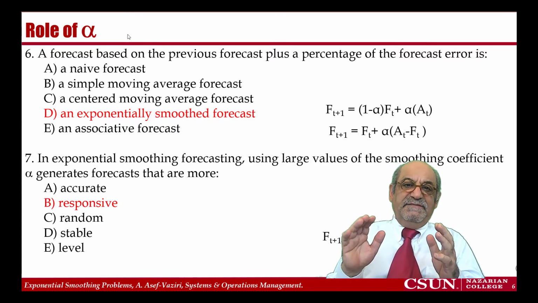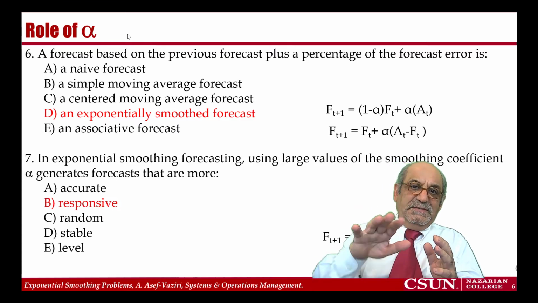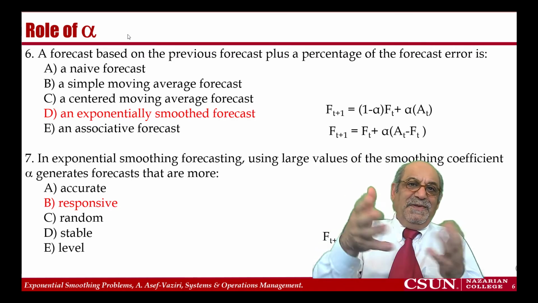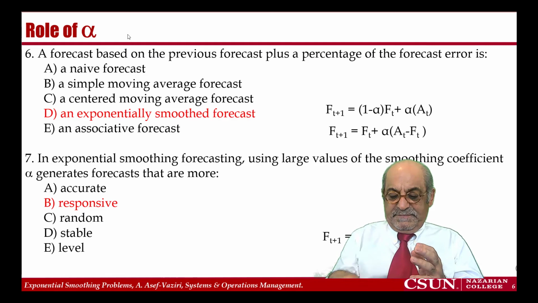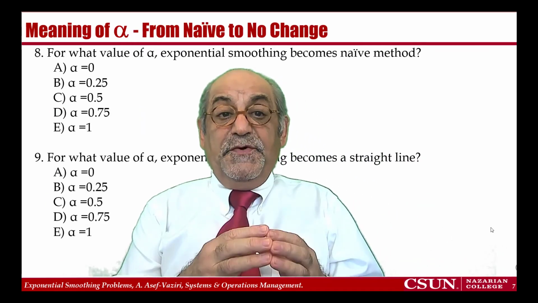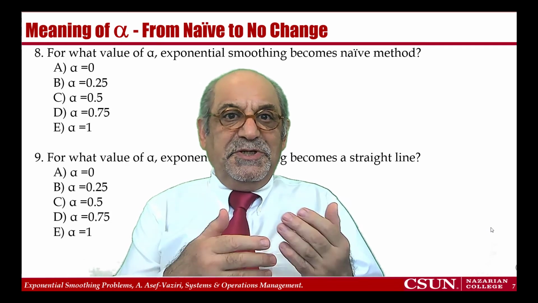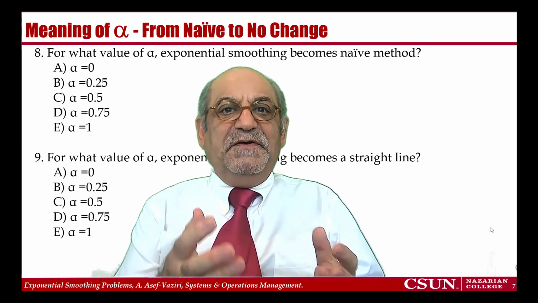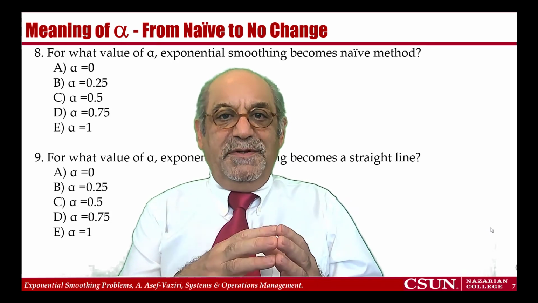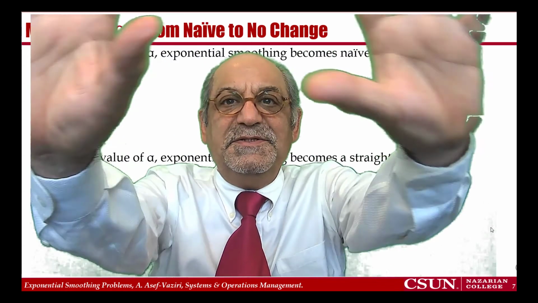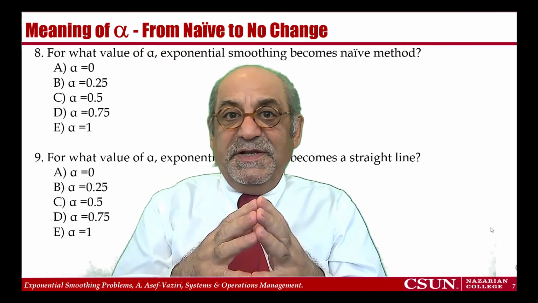By responsive, I mean as soon as we see a change in real life, it will be reflected in our forecast. For what value of alpha does exponential smoothing perform like a 1 period moving average? Whatever we observe, we assume it as our forecast for the next period.